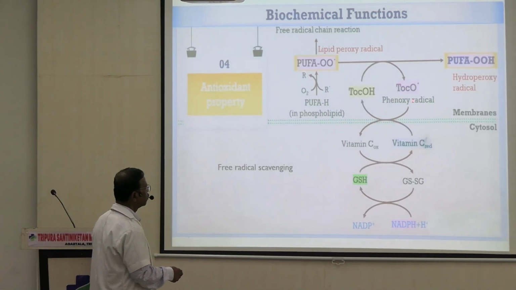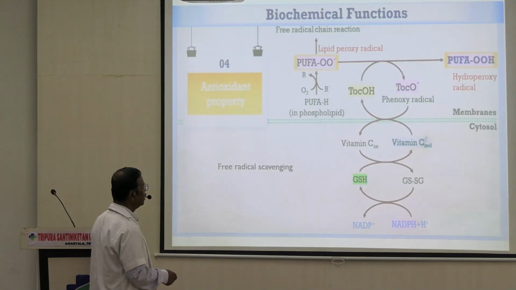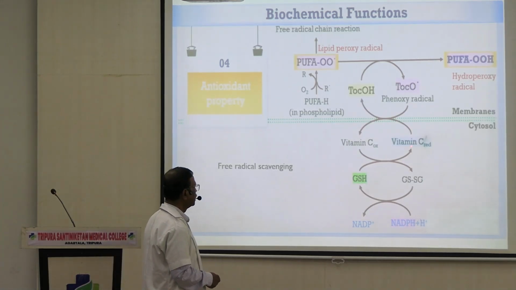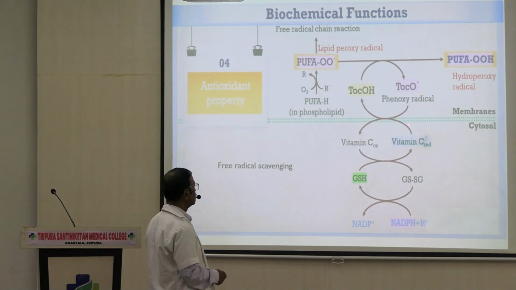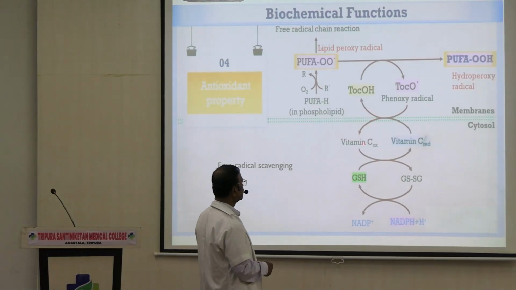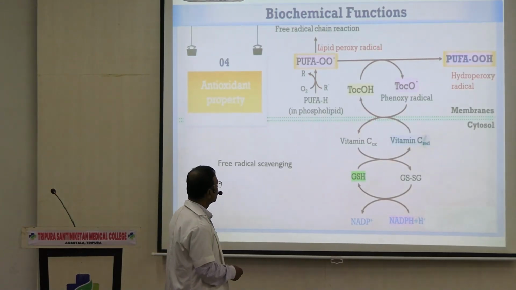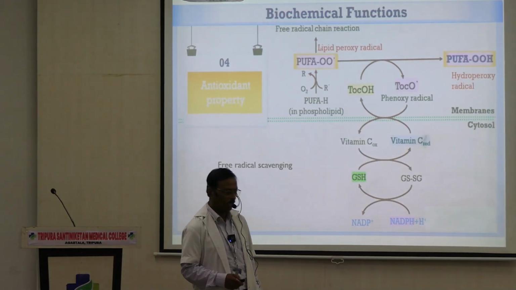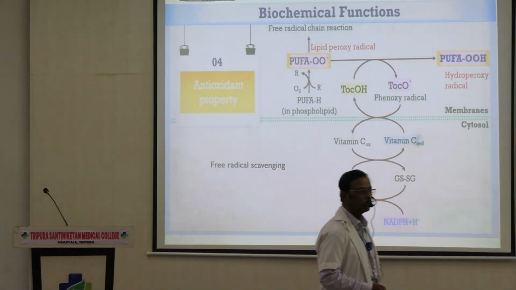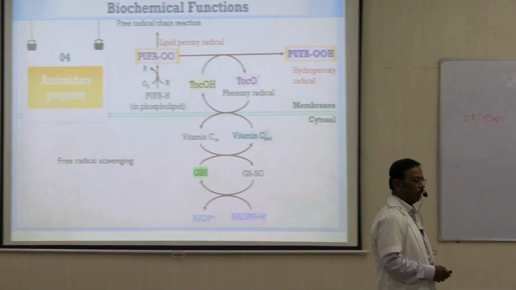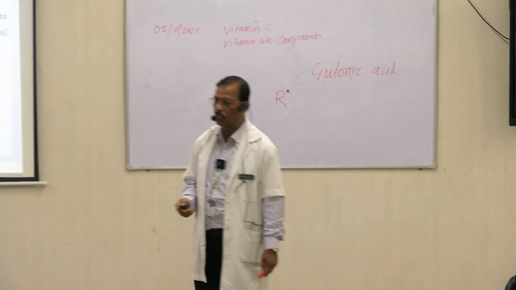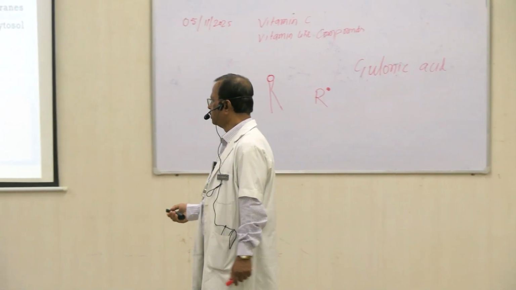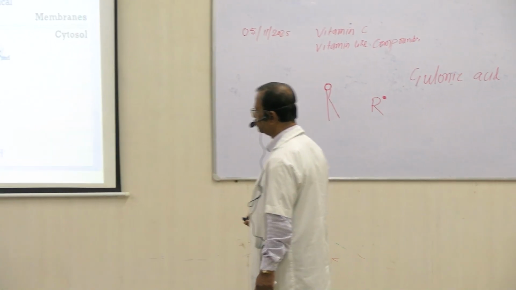Now this phenoxyradical is immediately reduced by vitamin C, and vitamin C itself gets oxidized. Now this oxidized vitamin C has to be regenerated, and that is done by the enzyme glutathione peroxidase, and the molecule is glutathione. This is reduced glutathione.